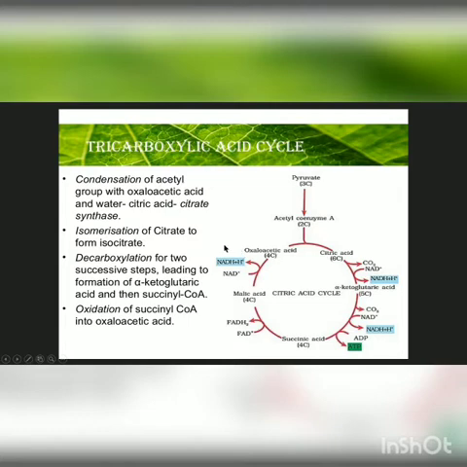Now the next step is the tricarboxylic acid cycle. So acetyl coenzyme A, which is formed here, enters a cyclic pathway called the Krebs cycle, and the Krebs cycle was named after the scientist Hans Krebs. That is why it is termed the Krebs cycle.